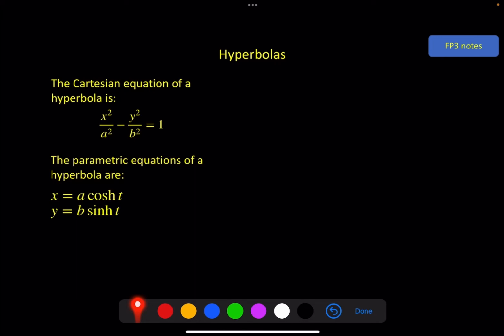We have either cosh and sinh, because if you substitute this in, a squared cosh squared, the a squared will cancel out. Here, b squared sinh squared, the b squared will cancel out, and hopefully you've either done this and come back to this chapter, or you can take it on faith that cosh squared minus sinh squared is equal to 1.